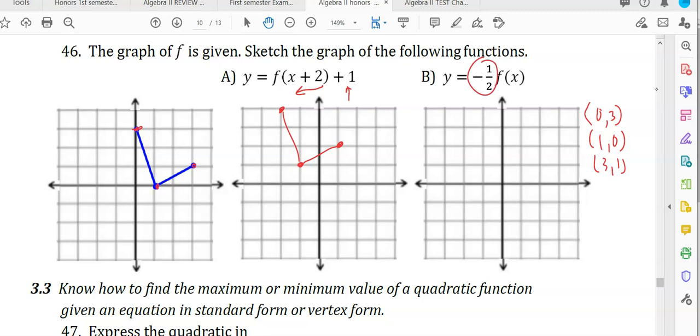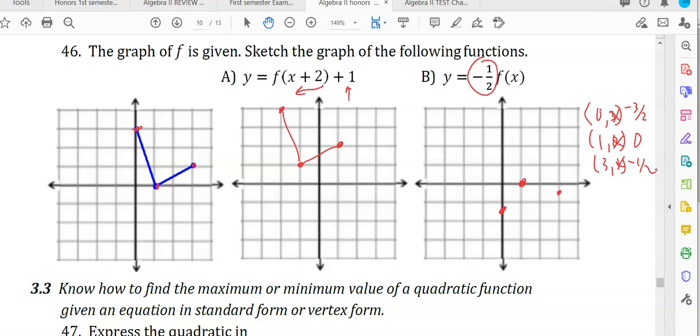If you multiply all the y values by negative 1/2, I get negative 3/2. I get 0, that doesn't change, and negative 1/2. So I'm going to plot those points. 3, negative 1/2. 1, 0, that didn't change. Actually, that point's the same. And then 0, negative 3/2, like this one.